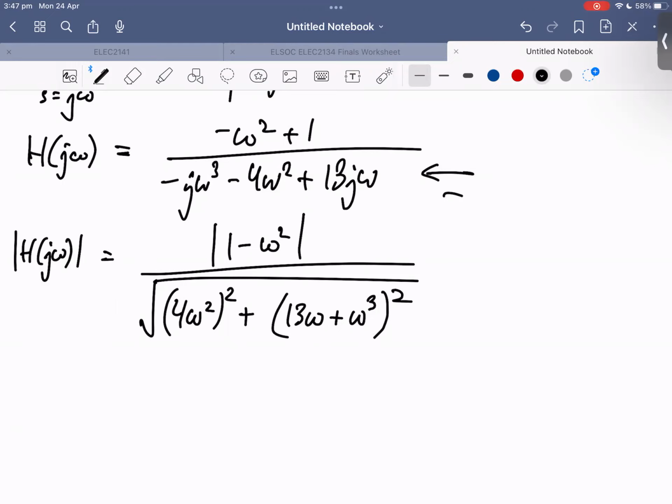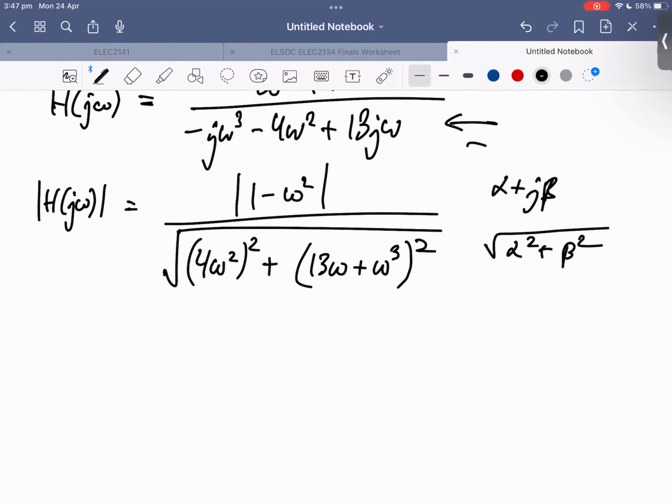Because if you want to find the magnitude of a complex number, it's just the square root of the real part squared plus the imaginary part squared. So alpha squared plus beta squared, and the square root of that.